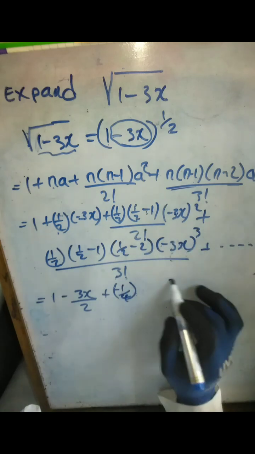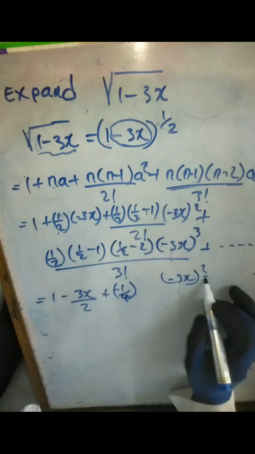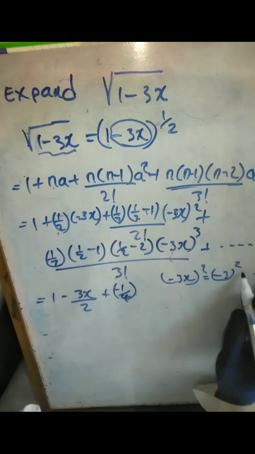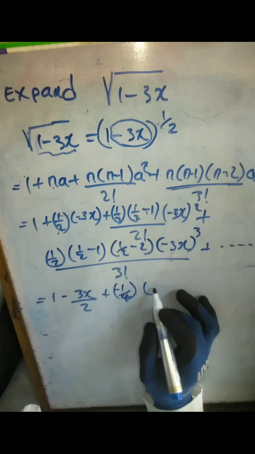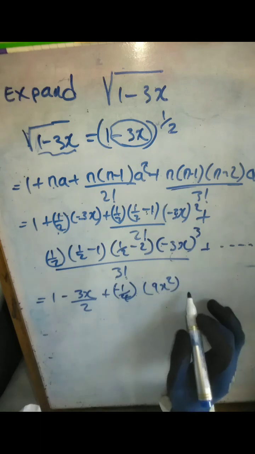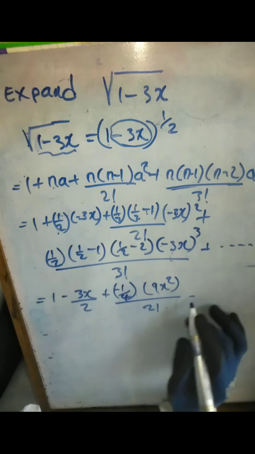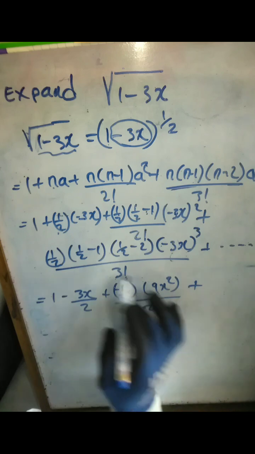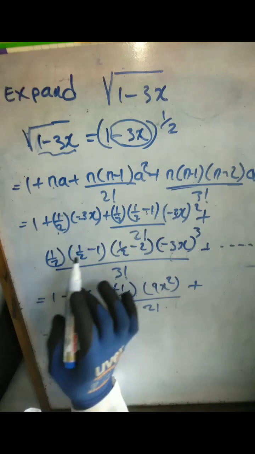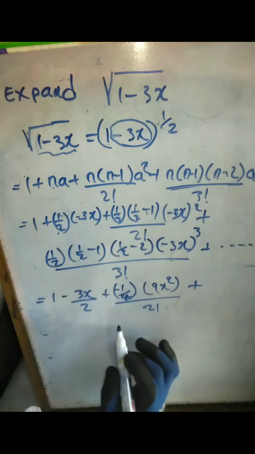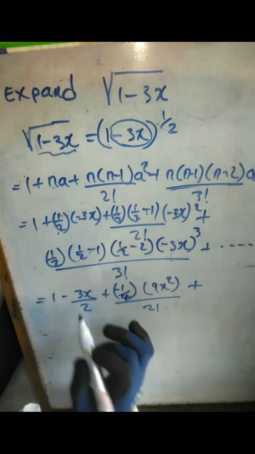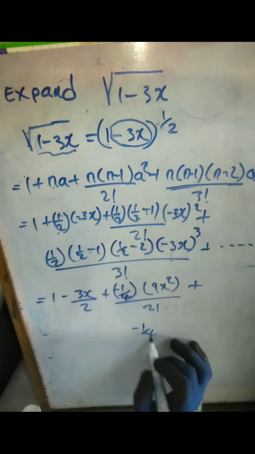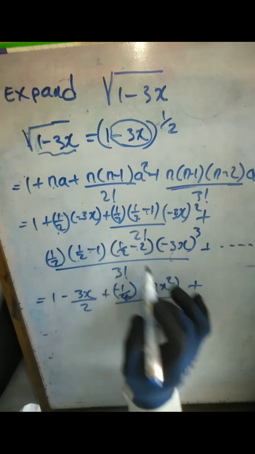Then this negative 3x to the power 2 is the same as negative 3 squared, again x squared, so we're going to get 9. Multiply this same thing by 9x squared, then everything divided by 2 factorial, then plus, then we come here, we're going to have 1 over 2 minus 1, it's negative half, then negative half times negative half times half, it's negative 1 over 4, times again 1 over 2 minus 2.